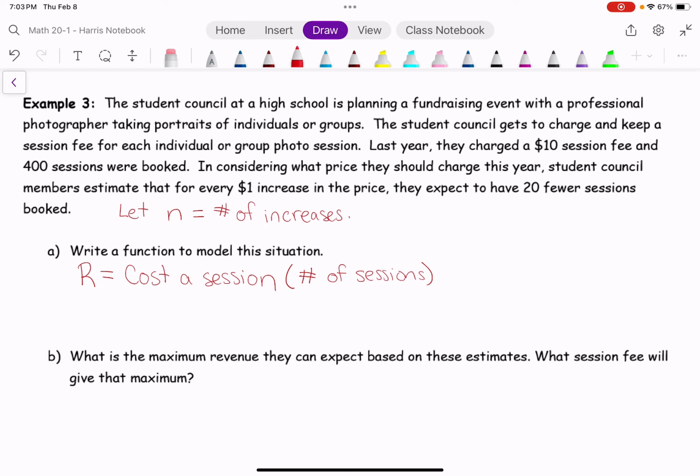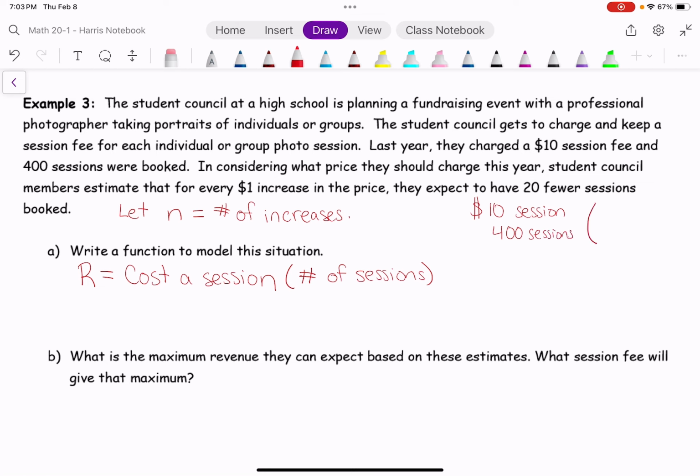So before we take a look at all of this, we need to think, well, if I have $10, which is what they charged last year, let me write this down. If I have $10 for a session fee, that was last year, and I also had 400 sessions.